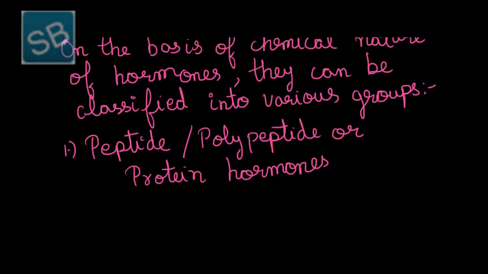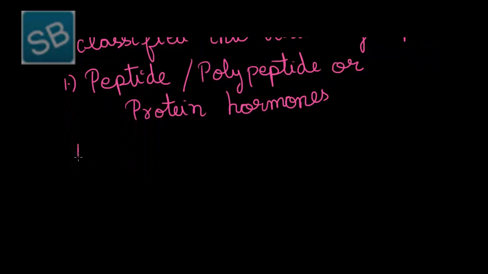Then the second type of hormone is steroid. Steroid hormones can include sex hormones, that is testosterone, progesterone, or cortisol.